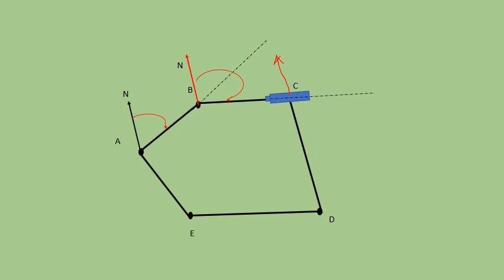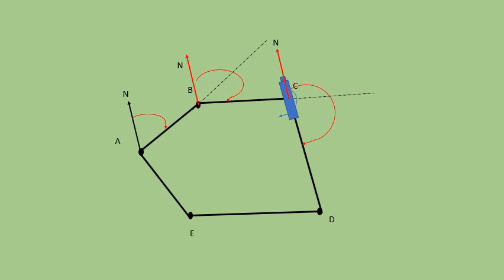Now I have turned the telescope by loosening the upper clamp so that the vernier reading changes, and I turn it till point D is sighted. So what is the reading that you are getting in the vernier?